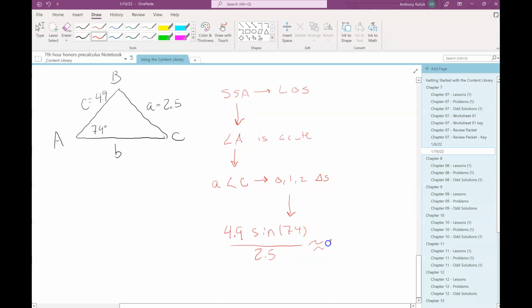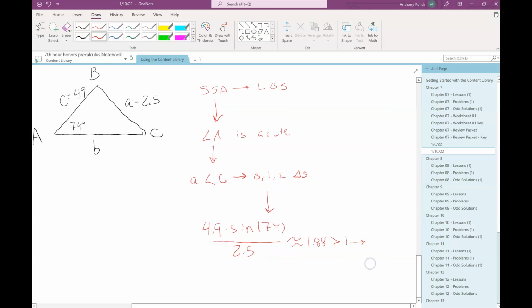What does that mean? Since it's bigger than 1, I have 0 triangles possible. And since there's no triangle possible, is there anything to solve for? Nah, I'm done.